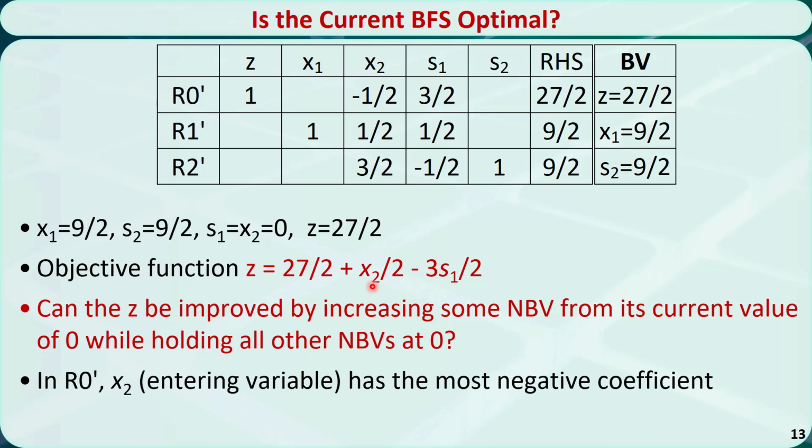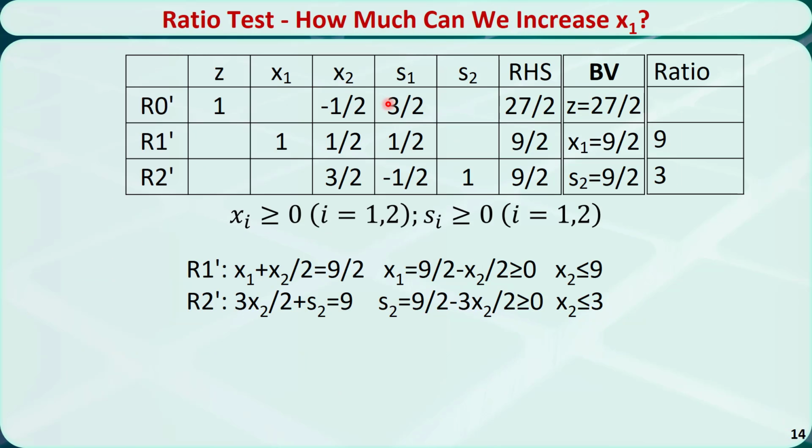Let's check the tableau. x2 has the most negative coefficient in row 0 prime, so x2 is the entering variable. Now we need to do the ratio test to find out which row will be the pivot row. We find out that row 2 has the smallest ratio, so it will be the pivot row.